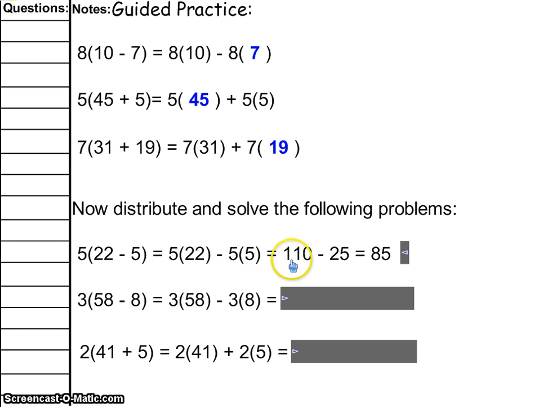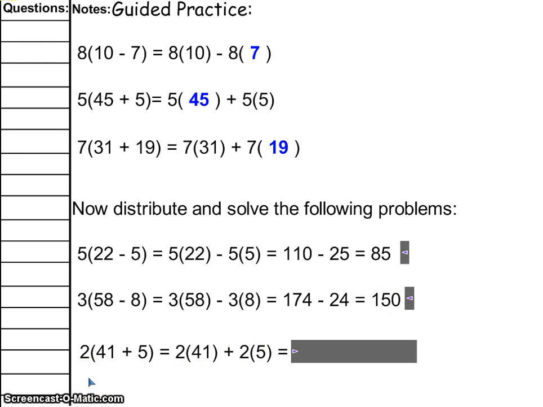So you end up with 110 minus 25, which equals 85. Our next problem, 3 times (58 minus 8), which equals, once you distribute, 3 times 58 minus 3 times 8, which equals 174 minus 24, and our final answer is 150.